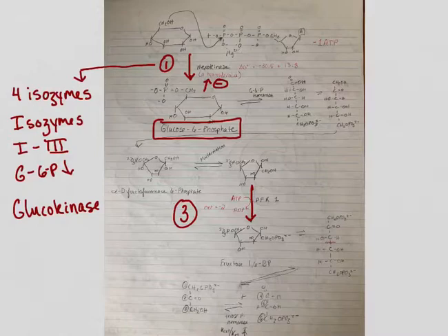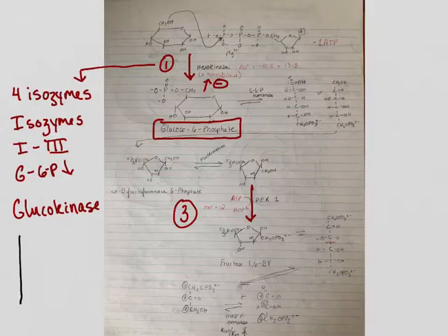It is also unique in that while the other isozymes follow Michaelis-Menten kinetics, glucokinase shows a sigmoidal curve and fails to follow Michaelis-Menten kinetics.